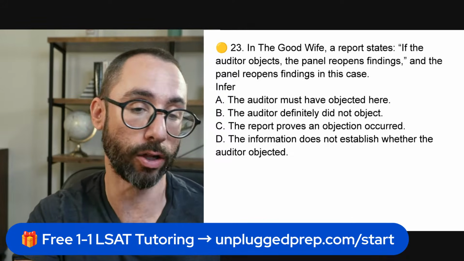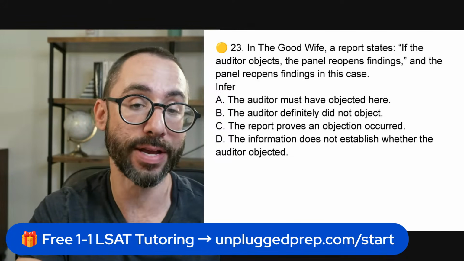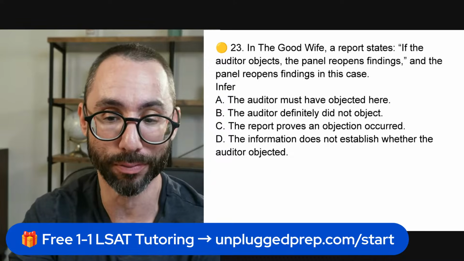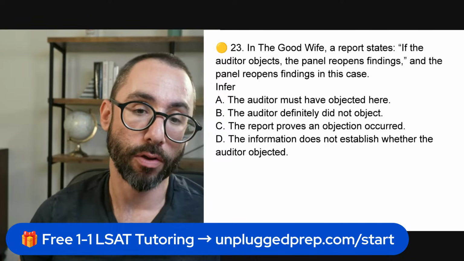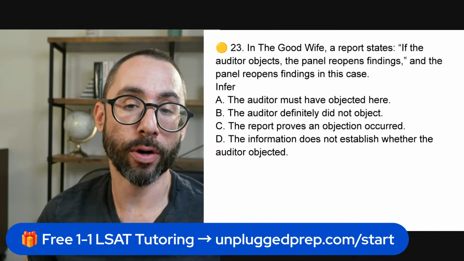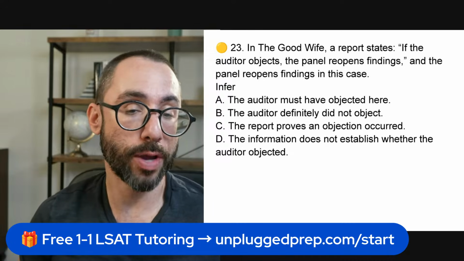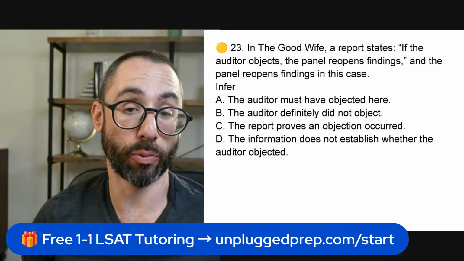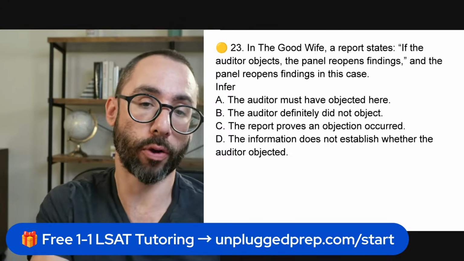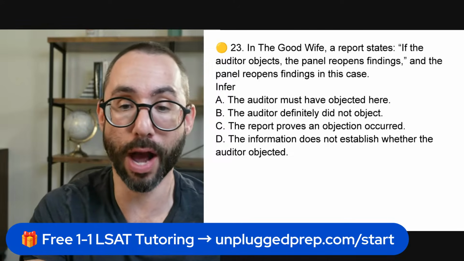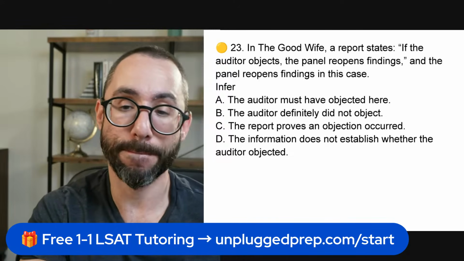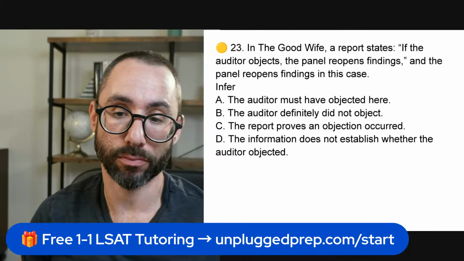We cannot tell whether they objected or not because we cannot go backwards on the arrow. That's the trick here. So when you learn the necessary condition, you cannot infer the sufficient as a result, meaning you don't know whether the sufficient occurred or not. Maybe it did, maybe it didn't. We cannot say. Nice, folks.